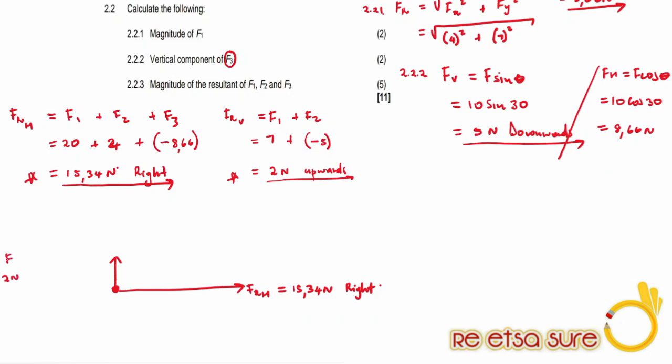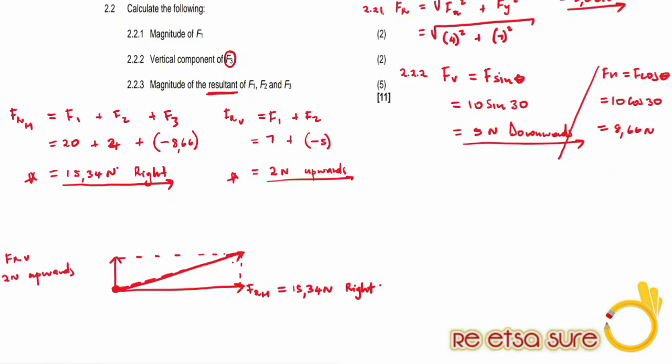This one is F resultant for vertical, which is 2 Newton upwards. So for now, let us determine the resultant of the resultant. We must determine the resultant, which is this one now.